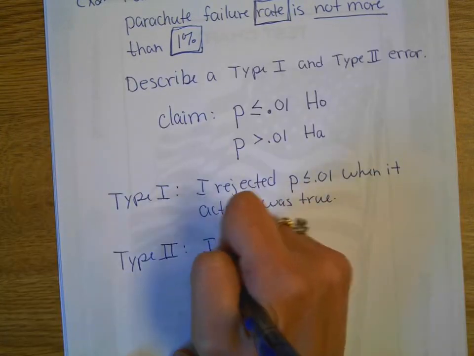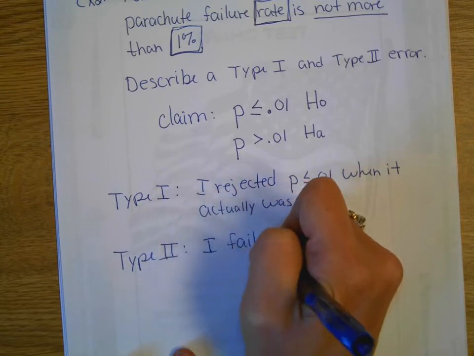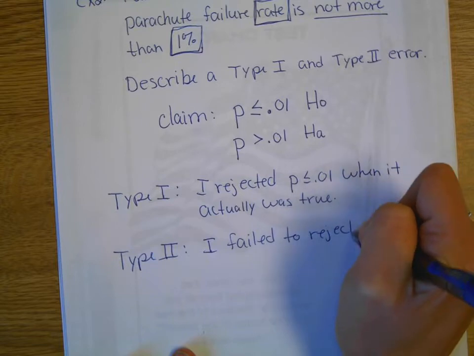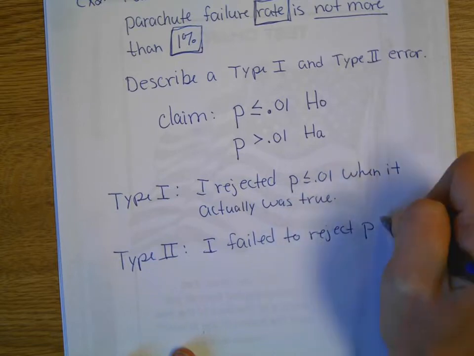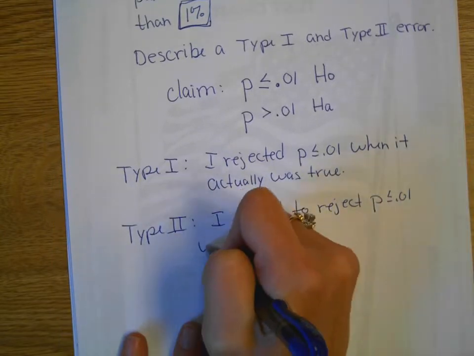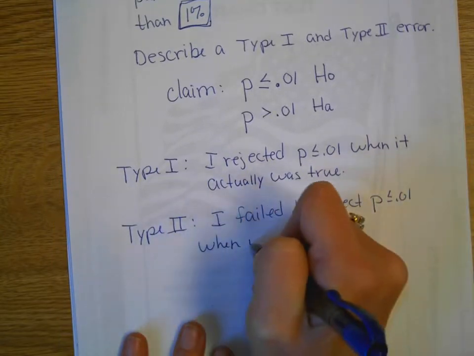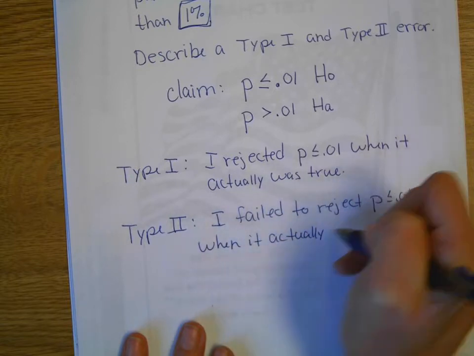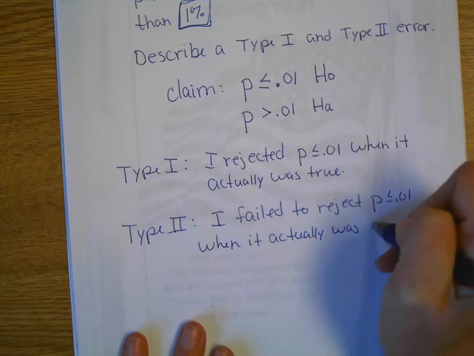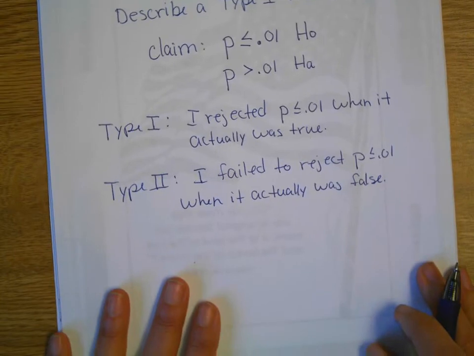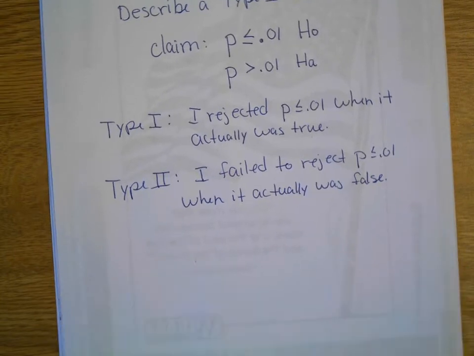So I failed to reject that the proportion is less than or equal to 1% when it actually was false. So who did I hurt more on this one, the company or the public? Definitely the public.